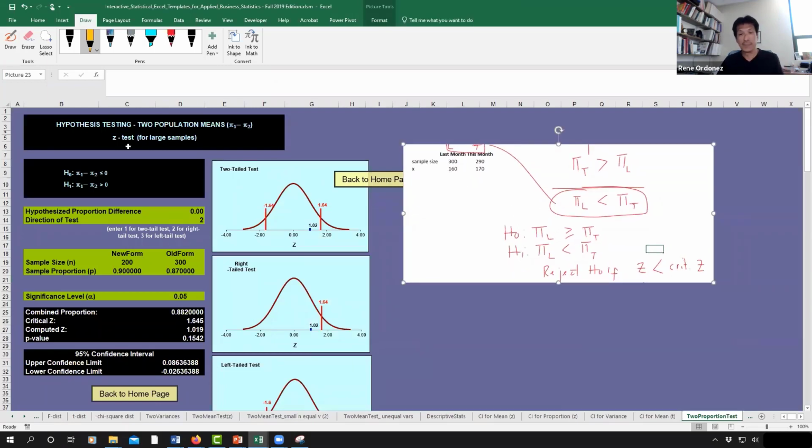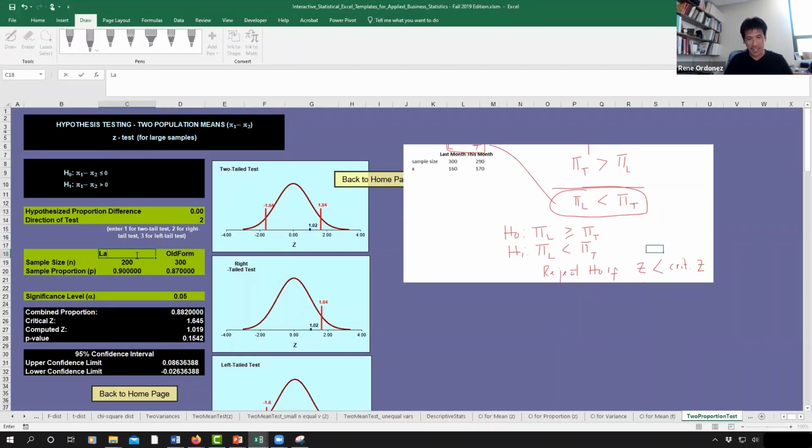So we're doing a left tail test. This would be last month, and this would be this month. The hypothesized difference is still 0.